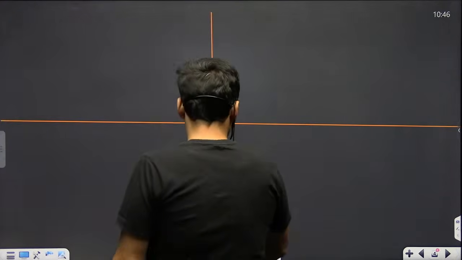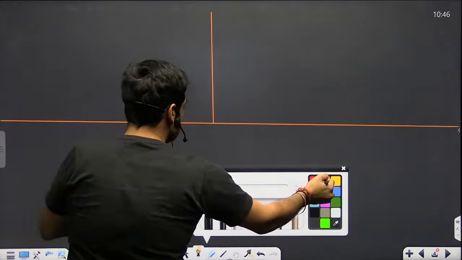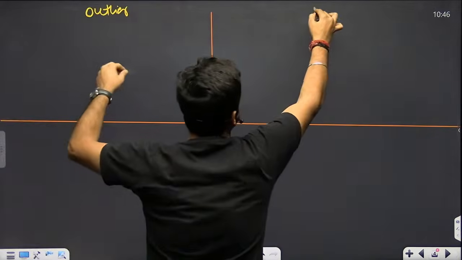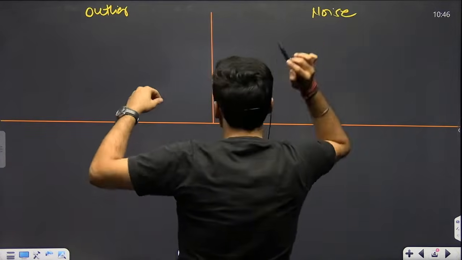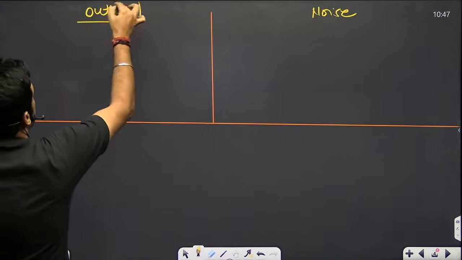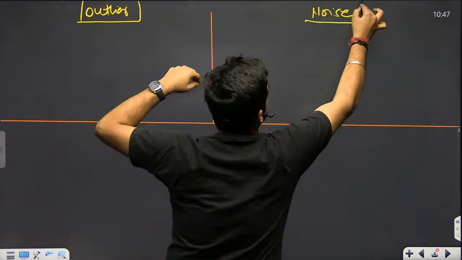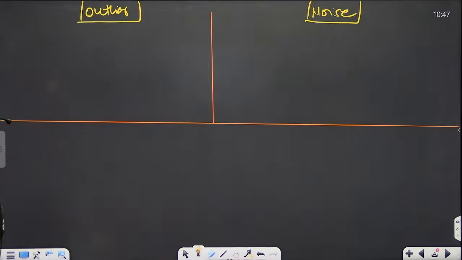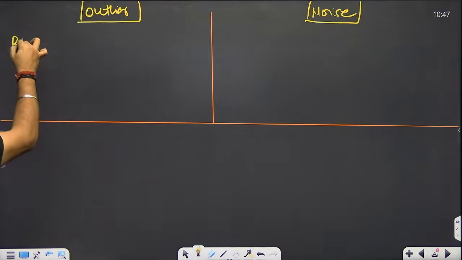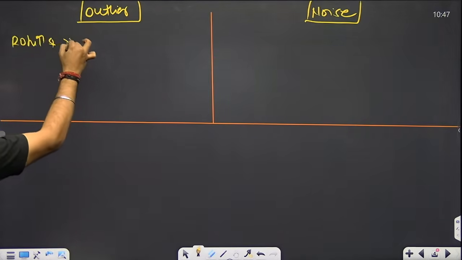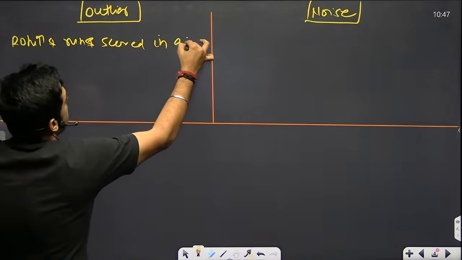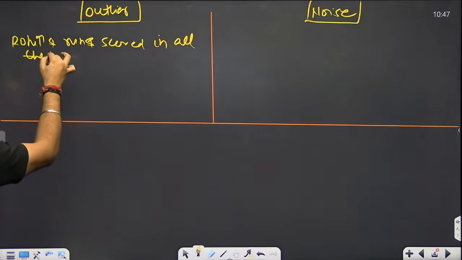Now, outlier and noise. For example, Rohit Sharma's runs scored in different matches, in all the innings.